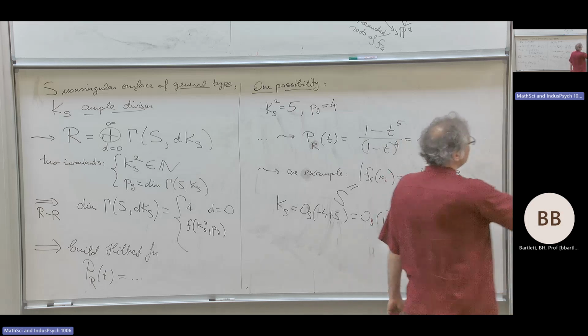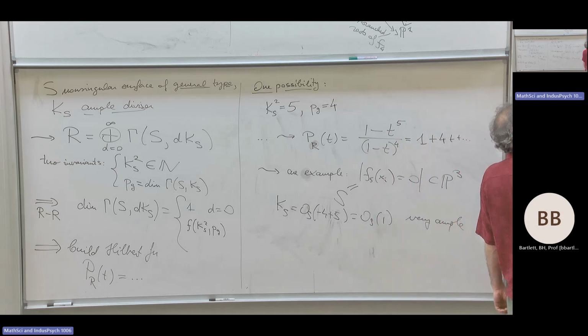So you go through the method, and then you get that at least the Hilbert function still looks quite nice. It goes (1 minus t to the 10) over (1 minus t) squared, (1 minus t squared), (1 minus t to the 5th).